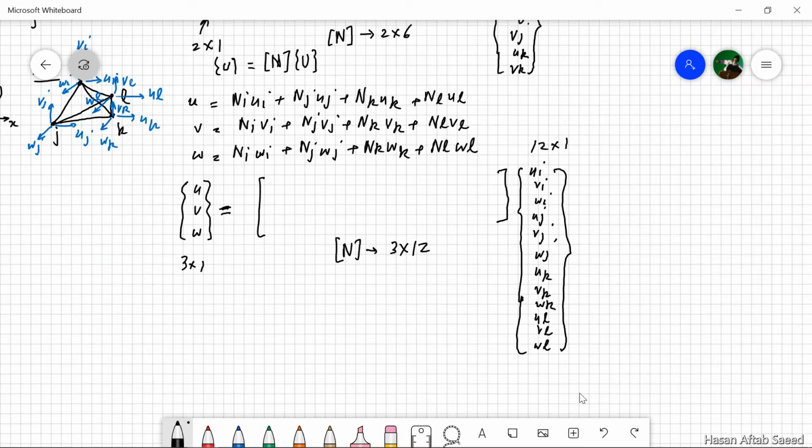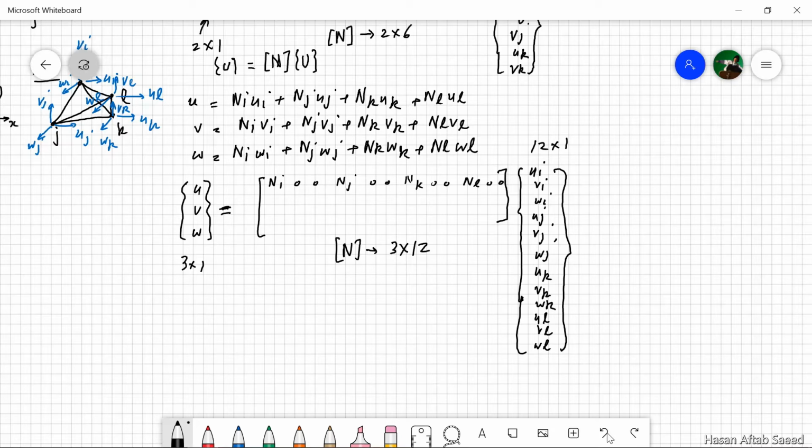Now, recognizing from the above 3 expressions that u has nothing to do with v's and w's and so on, the first row is ni 0 0, nj 0 0, nk 0 0, nl 0 0.